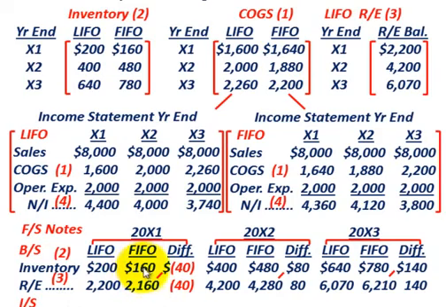Since we had a reduction in our inventory, that means we used more inventory under the FIFO method, and there was less remaining at the end of the period versus LIFO. We have a difference of 40,000, or 40 here, so we would subtract that from our LIFO retained earnings. We reduce our LIFO retained earnings of 2,200 by 40,000, or 40 here, down to 2,160.